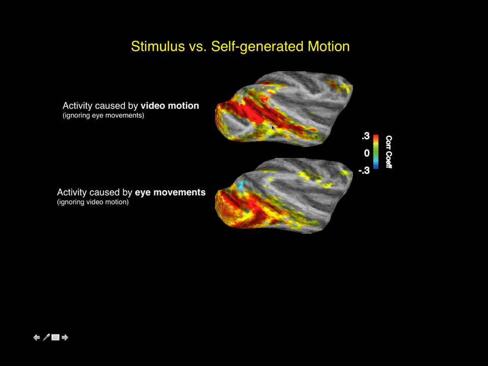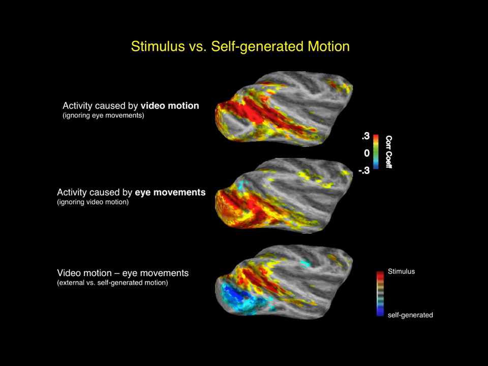And we can look at the activity caused by eye movements by looking at changes in the velocity of the eye movement over time on successive trials. What we see is a very different map of activity when we use eye velocity as compared to stimulus velocity as the regressor on the brain. It's primarily in early visual cortex and down into the ventral aspects of V4.